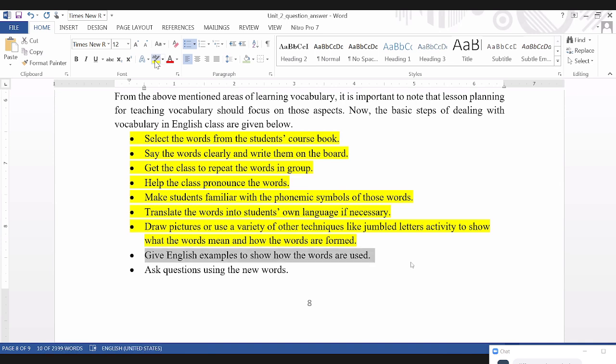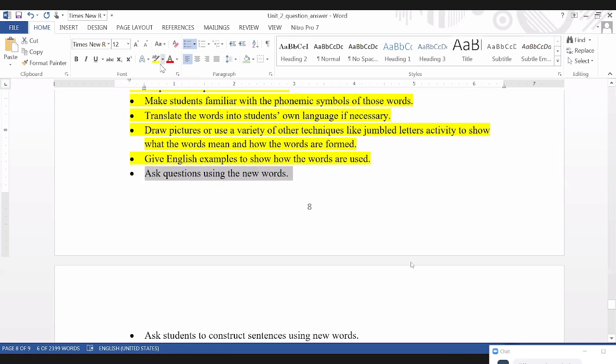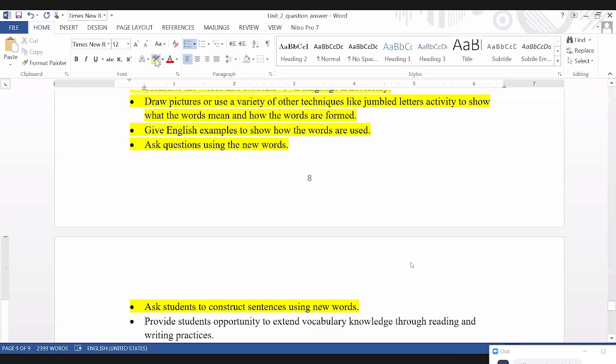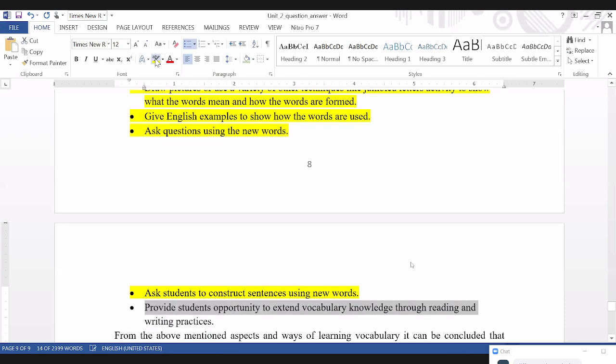So give examples. Give English examples to show how the words are used. Use them in sentences. Ask questions using new words. Then ask students to construct sentences using new words. Then we ask students to make their own original sentences using new words.